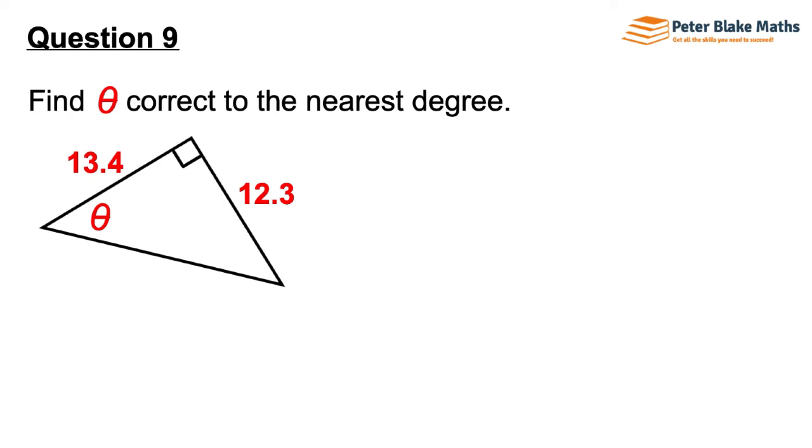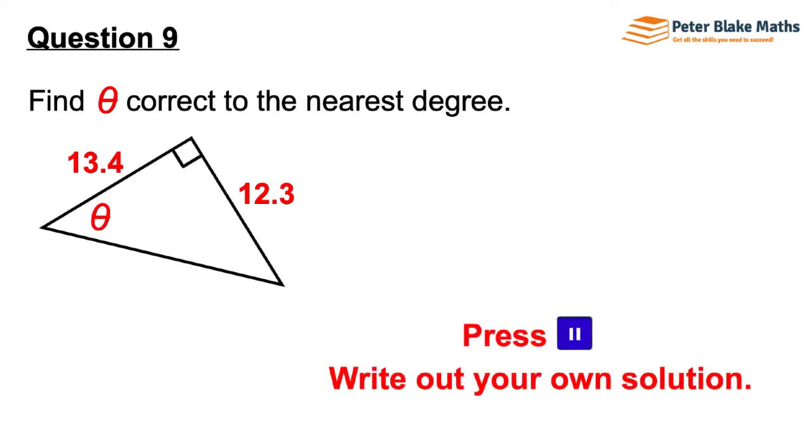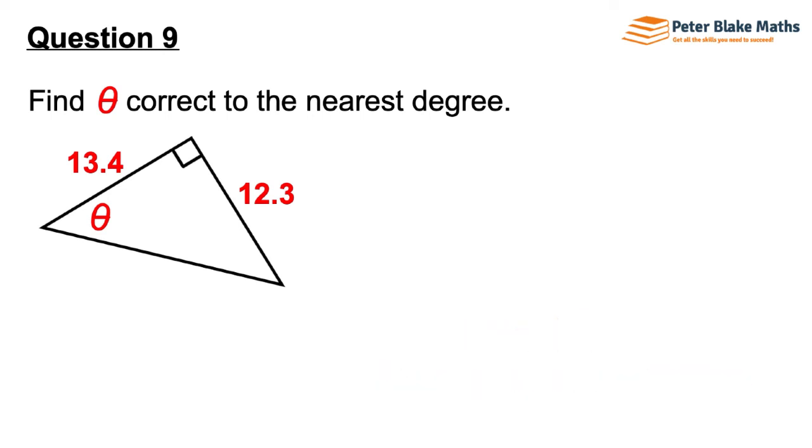Question 9. Find theta correct to the nearest degree in the diagram below. Once again, we're finding an angle or theta, so we have to remember to press shift at some stage. From the theta, we have sides of opposite and adjacent in this question if you look carefully.